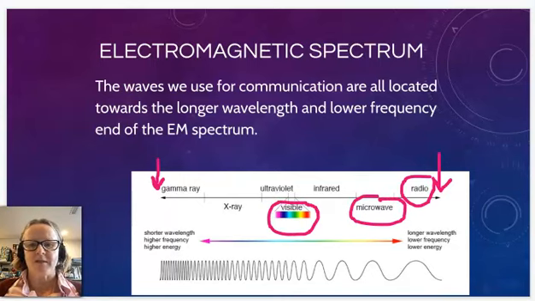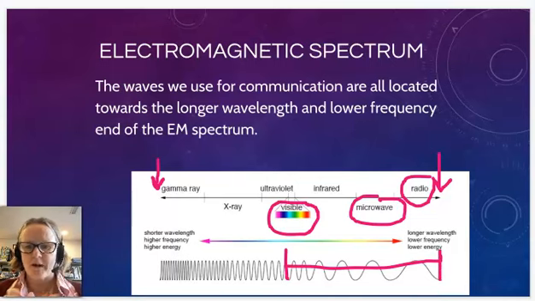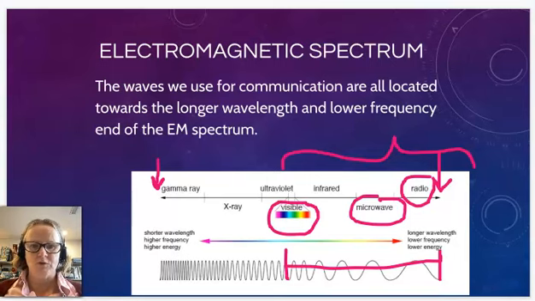Now you'll notice that they all appear down this end of the spectrum. So low energy, low frequency, long wavelengths, and also, most importantly, not very damaging. In fact, not damaging at all. So these communication waves are safe to use. We would not want to use gamma rays or X-rays because they can actually damage DNA. So you don't want to be using those for communication.